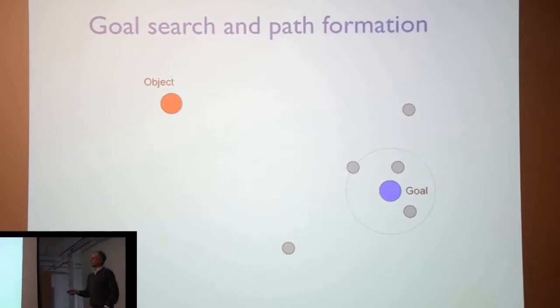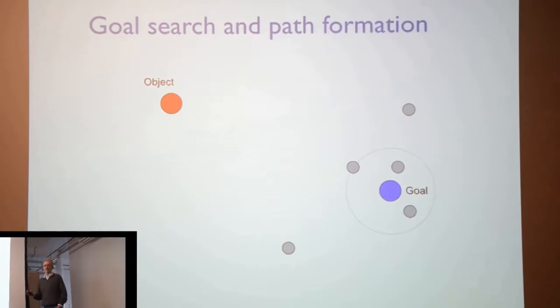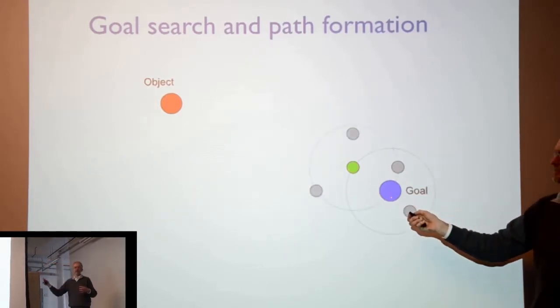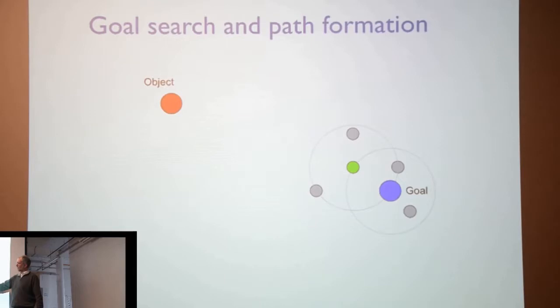When it is here, it can, with a certain probability, decide to stop and become the first element of a virtual chain of robots. And if it does so, it takes a color that is a function of the color that it was seeing. So if it sees blue, it becomes green.